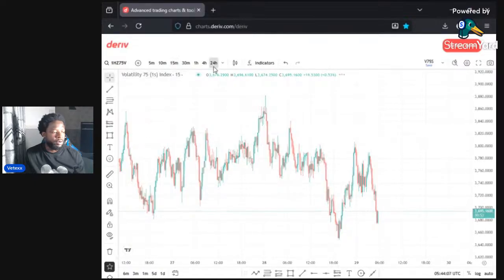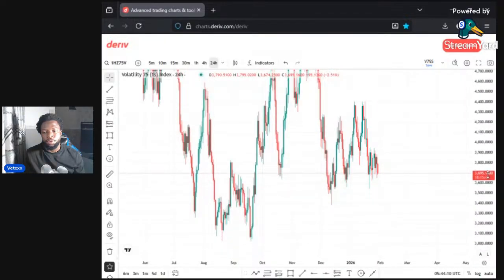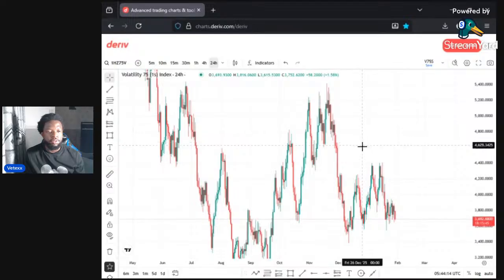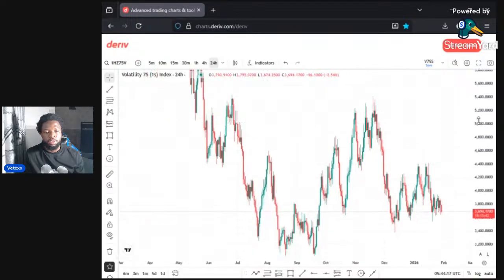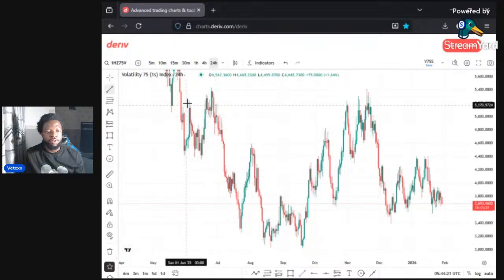On V75S, starting from the 24-hour time frame, we have a buy continuation. I think we're anticipating a buy or a sell. Clearly you can see that we have our rule number one, sweep of liquidity.